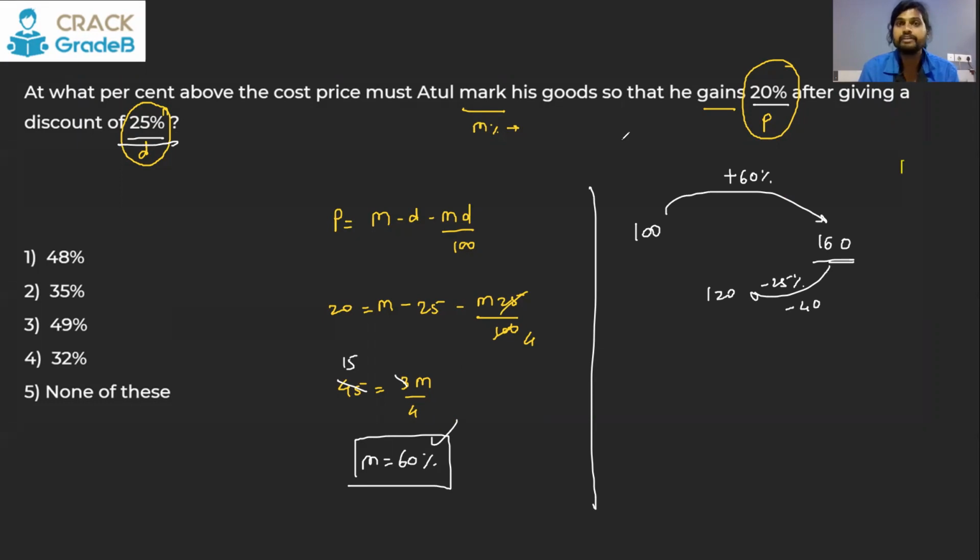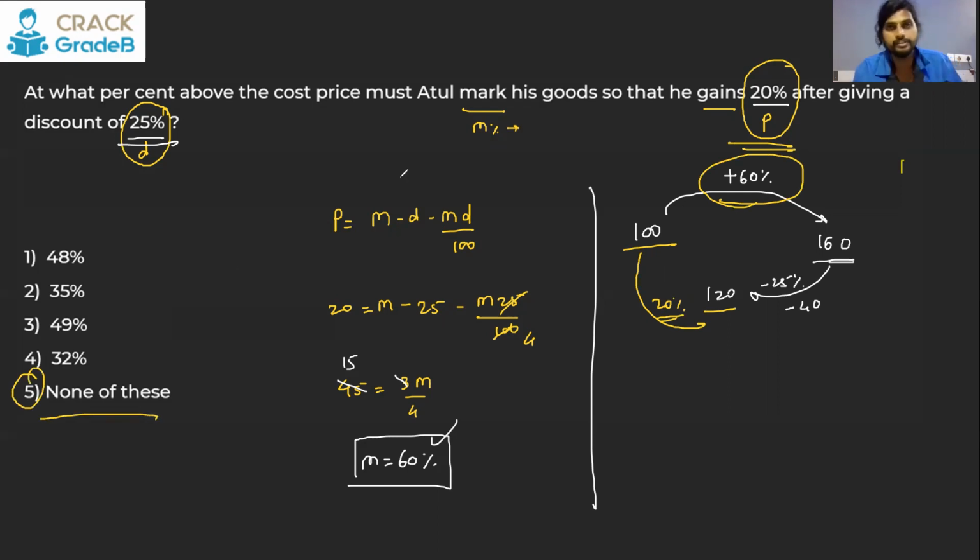So can I say if he sells an article worth 100 for 120, there will be a profit of 20%? Yes, and that is what it says here. There should be a profit of 20%. That means 60% is the markup. So the answer is going to be none of these. Easy. Let's see one more such question.